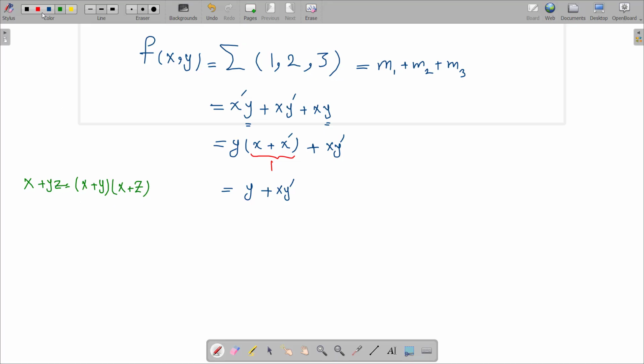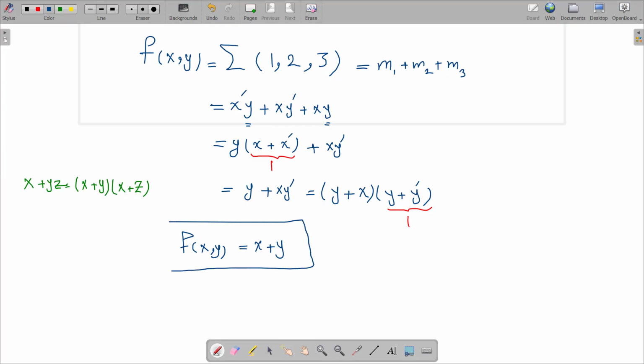According to this concept, I can rewrite this in the form (y + x) and (y + y'). So again, this is equal to 1. It means that f(x, y) will be equal to x + y.